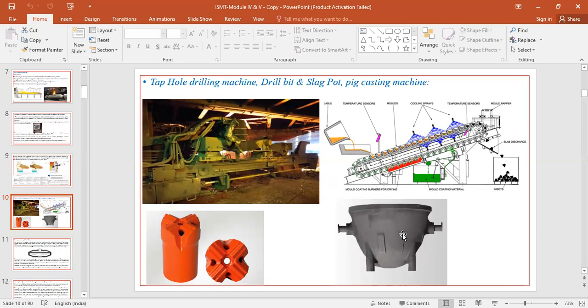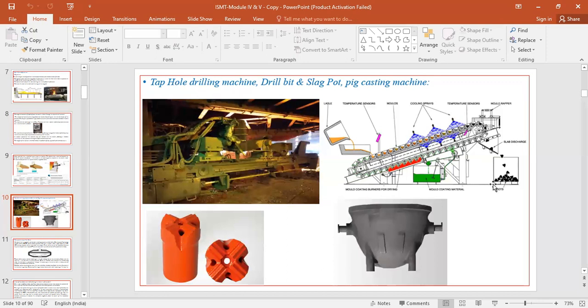Any excess amount of hot metal that is present is diverted towards the pig casting area, where you have a series of molds. Through the launder, the hot metal is poured into these molds so that the liquid solidifies inside them and forms pig.